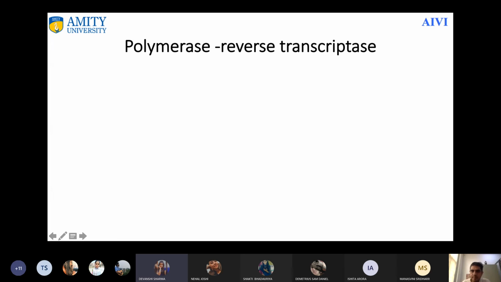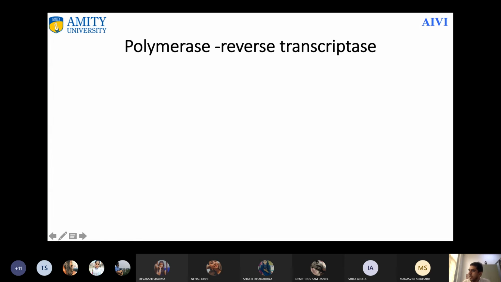Sir, it is the process by which a strand of DNA can be copied into a molecule of messenger RNA. Yes. So simply it is also replication, you can say, in which DNA leads to the formation of RNA.